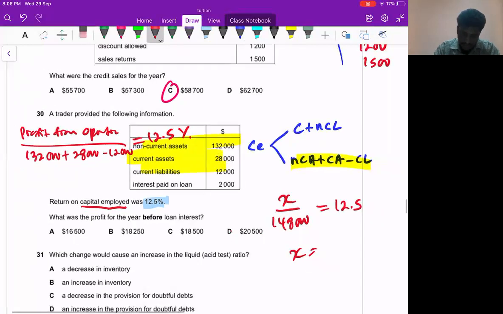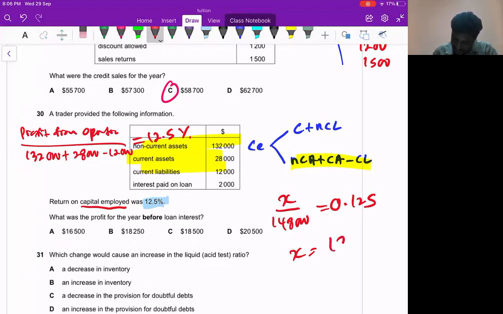Oh, 12.5 over 100. It is 0.125. So 0.125 times 148,000.